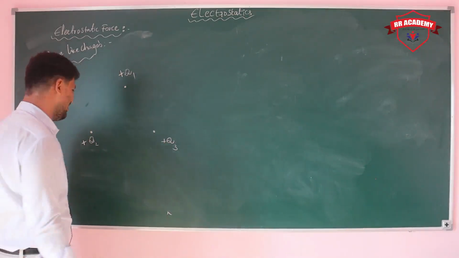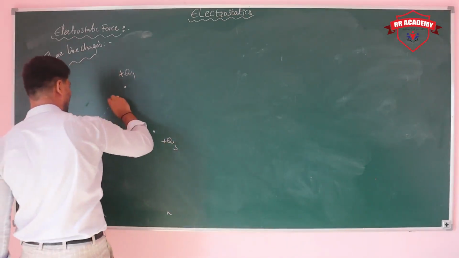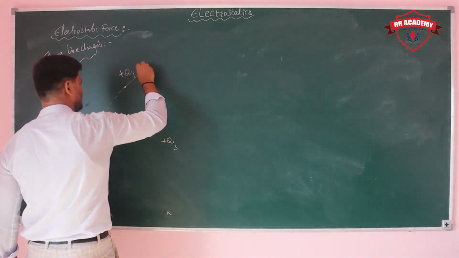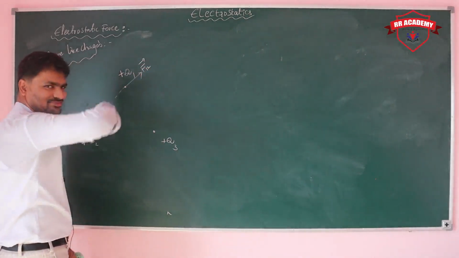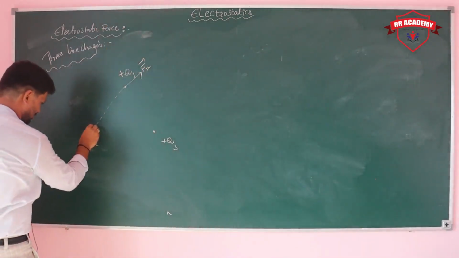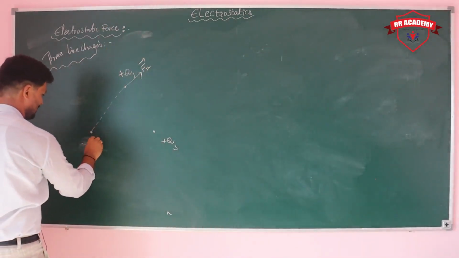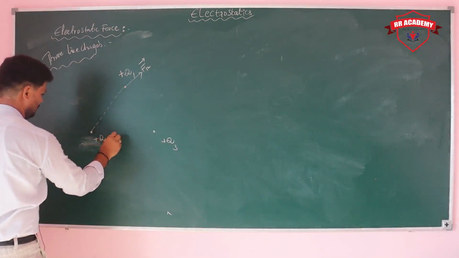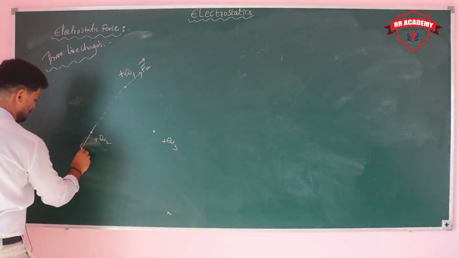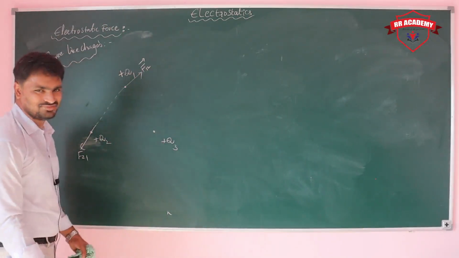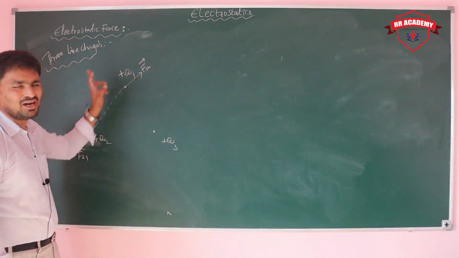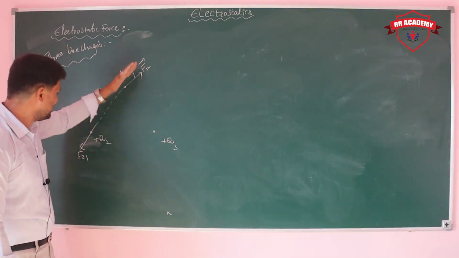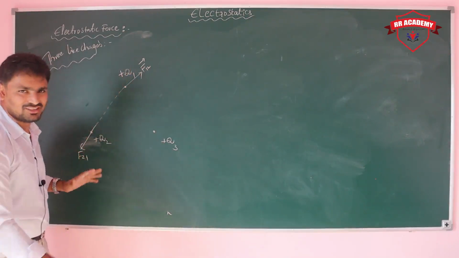First of all, can 1 attract or repel? Yes, repel. Force on 1 by 2, this is the direction. Here, force on 2 by 1, this is the direction. Yes or no? Yes. 1 is repelling 2 and 2 also repelling 1. So that's why this is the direction of the force, both.